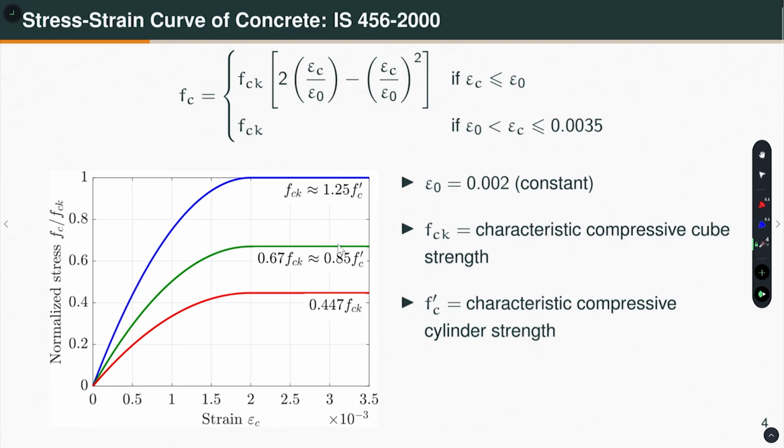Okay. That means 0.85 divided by 1.25, that is 0.67 fck. And then on top of this, we apply a partial safety factor for material equal to 1.5, that gives us 0.447 fck. And this is the stress strain curve that we use for designing concrete structures.